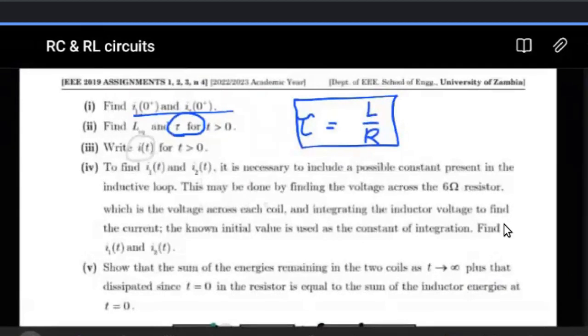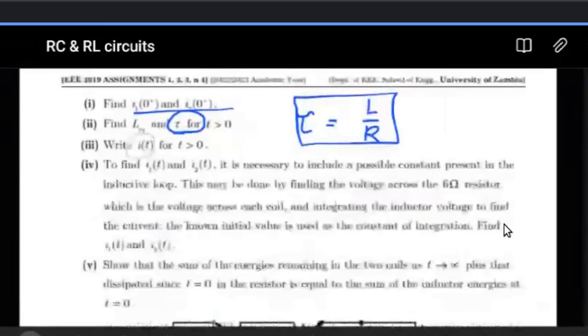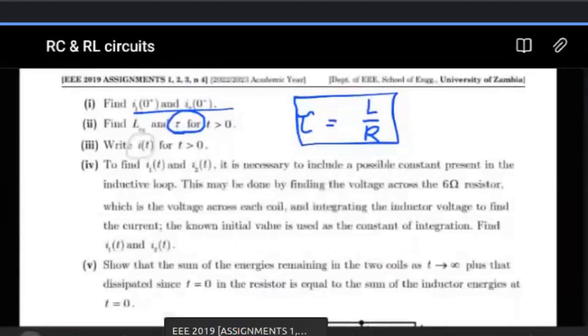This may be done by finding the voltage across the 6 ohm resistor, which is the voltage across each coil, and integrating the inductor voltage to find the current. The unknown initial value is used as the constant of integration. Find I1 and I2. They actually spelled out what they wanted us to do.